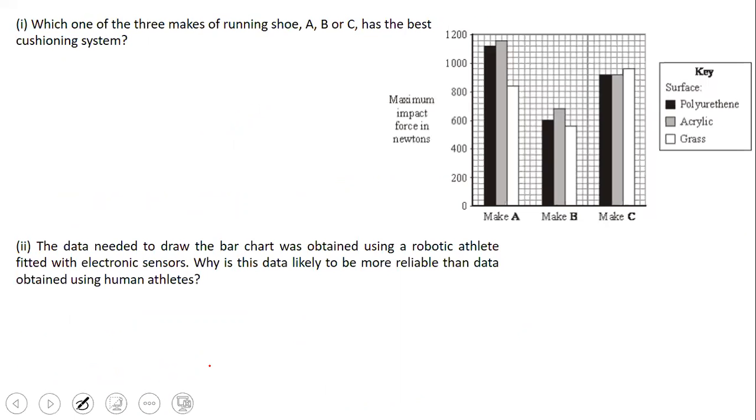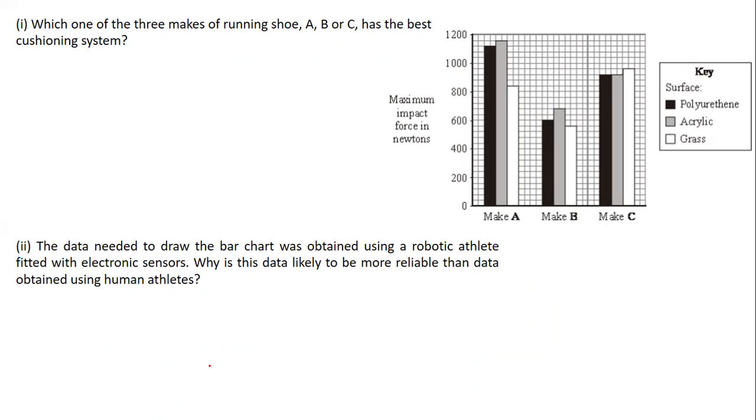And then which one of these 3 makes of running shoes A, B, or C has the best cushioning system? Which one do you think is the best one based on the histogram? Oh, it's make A. Make A, why?